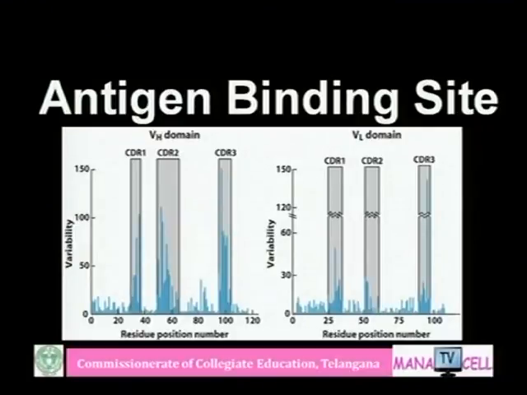Inside the variable region you will find hot spots, also called complementary determining regions. In the light chain you will find 3 hot spots, whereas in the heavy chain you will find 4 hot spots. Only these regions interact with the epitope or antigen part.